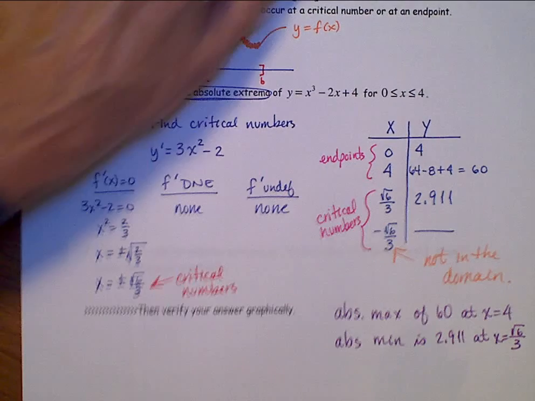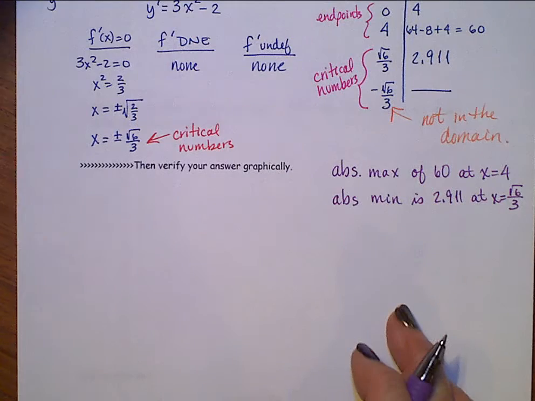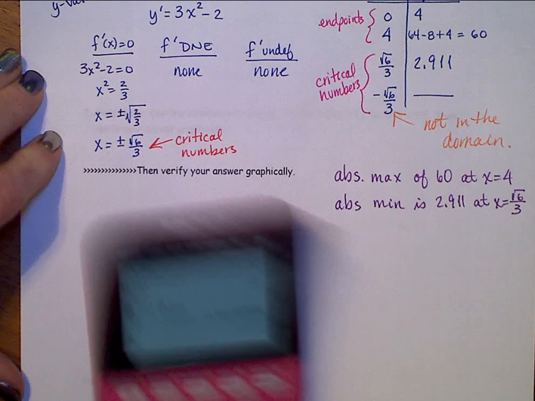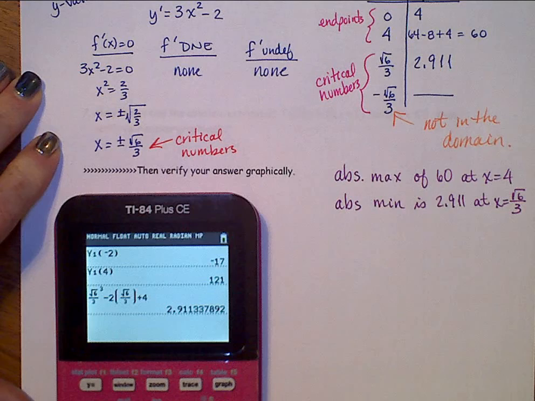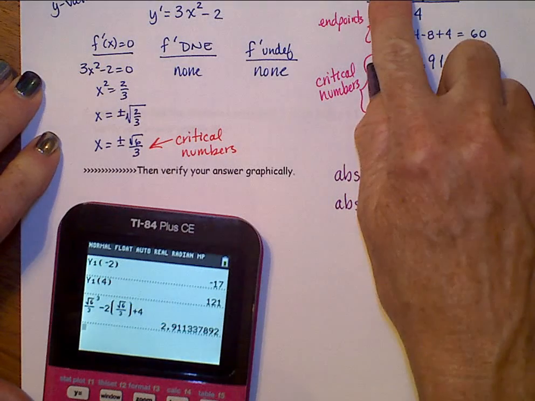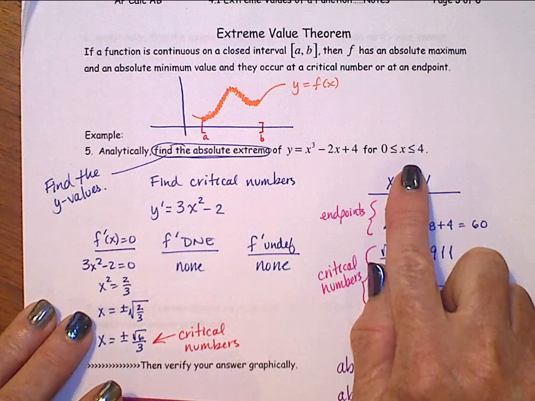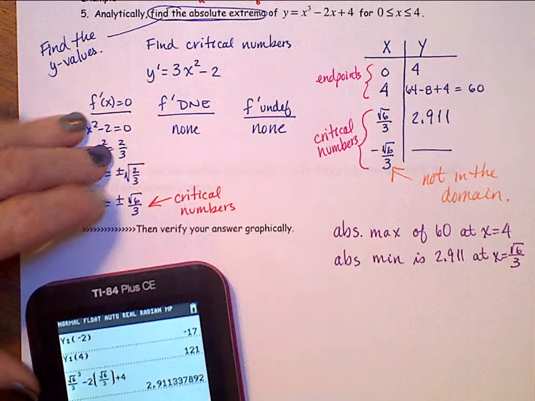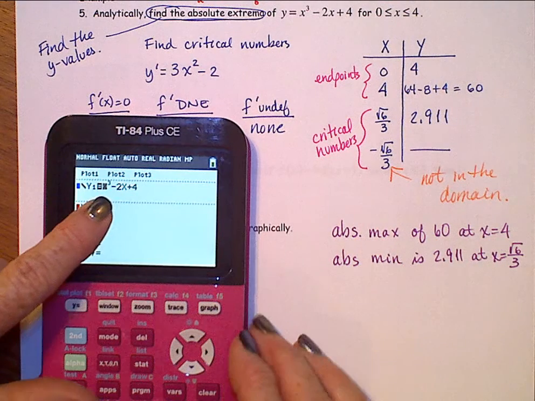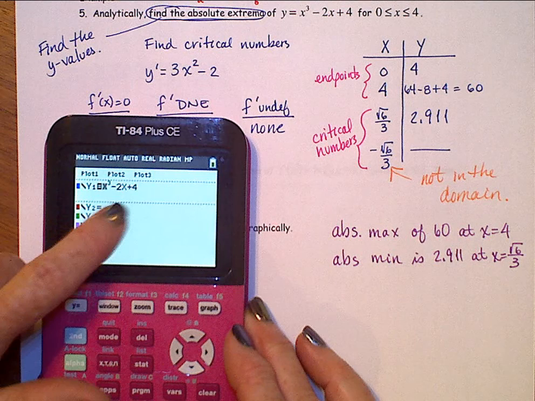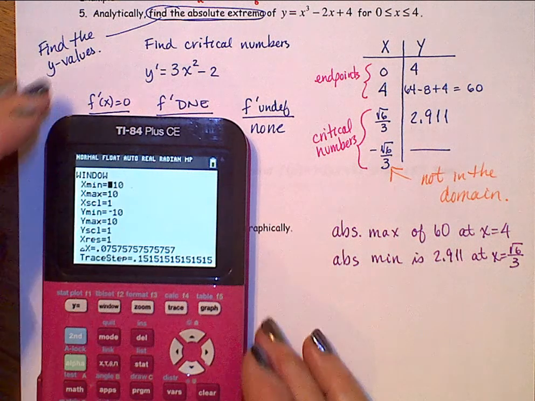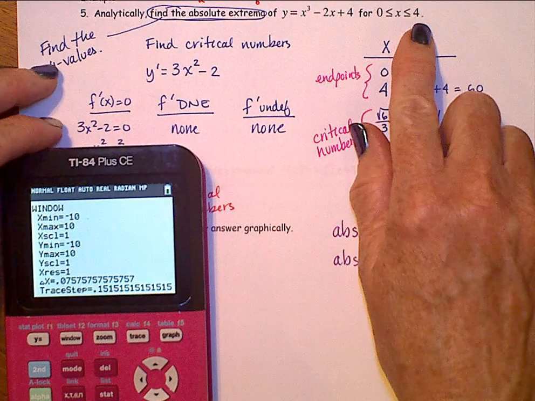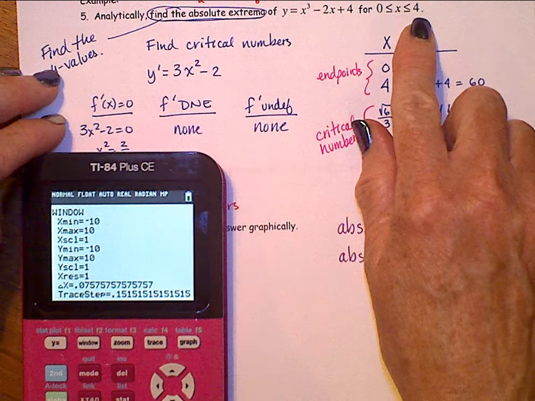Now verify your answer graphically. So we want to go ahead and graph this and look at this window between 0 and 4. So here's our equation. Y equals x cubed minus 2x plus 4. Window, I only need to see between 0 and 4. Personally, I like to go a little bit larger.